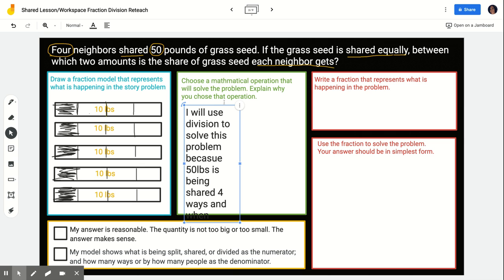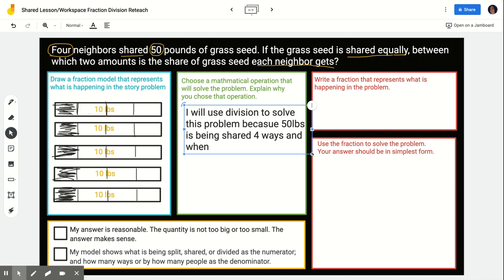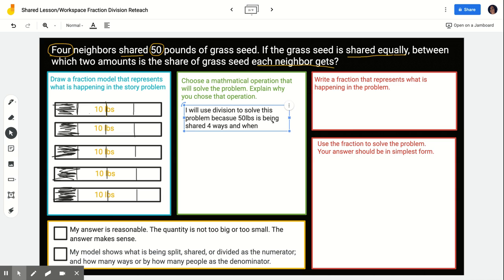And when things are shared, let me make this bigger, and this part smaller, and then this part bigger again. So I know that when anything is shared or split or divided, it means I will divide to solve. Okay, so that is a reasonable explanation and matches my model of 50 pounds being shared 4 ways.